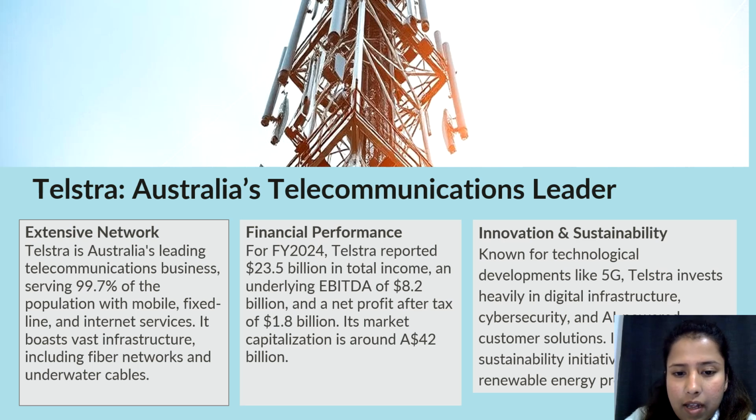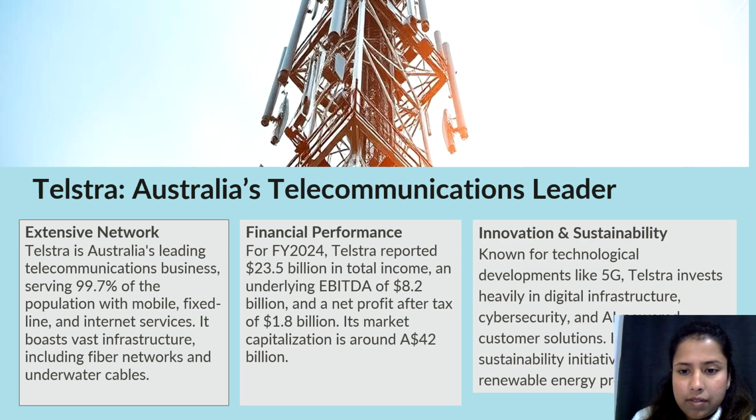Telstra recorded $23.5 billion in total income and $1.8 billion profit after tax. Telstra is known for technological developments like 5G. It has also invested heavily in digital infrastructure, cybersecurity, and AI-powered customer solutions. They also have sustainability initiatives like renewable energy solutions.